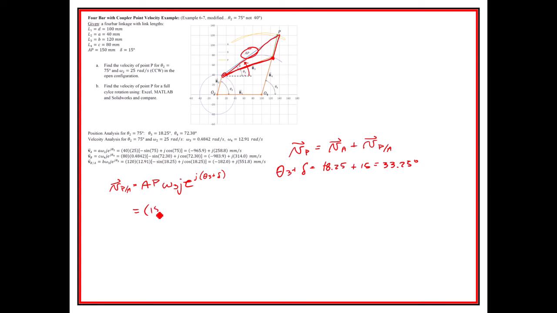AP is 150 millimeters. I found from my velocity analysis that omega was 0.4842.